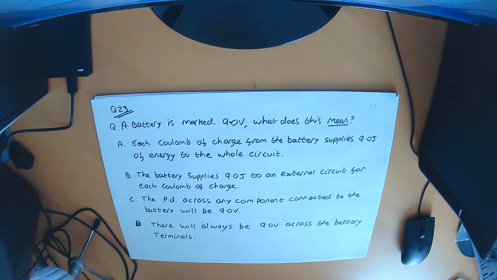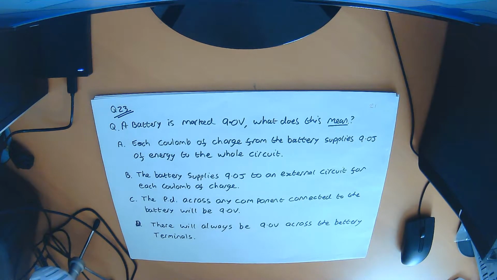Question 23 was the question which was answered wrong by the largest number of people. Effectively, it's a question about EMF and the difference between EMF and the terminal potential for a cell or a battery. So the battery is marked 9.0 volts, and this means it has an EMF of 9, which means that every coulomb of charge that passes through the battery gains 9 joules of energy, but also loses a little energy in the cell's internal resistance.